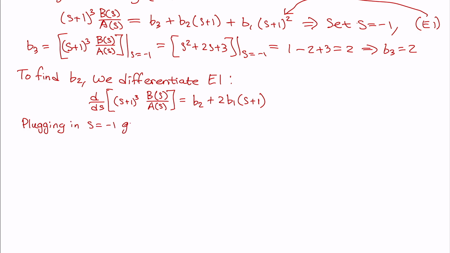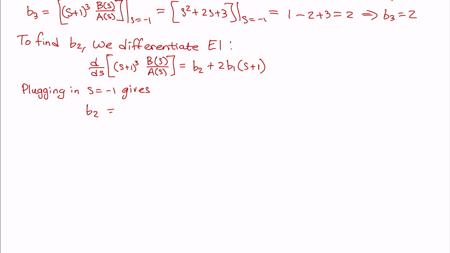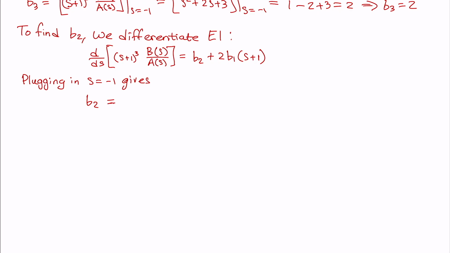And this gives that b2 is going to be equal to d/ds applied to (s+1)^3 B(s)/A(s), all of that evaluated at s equals -1.